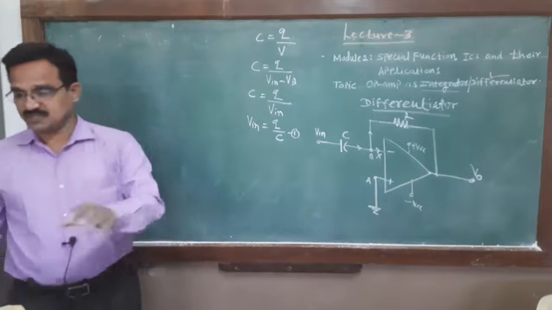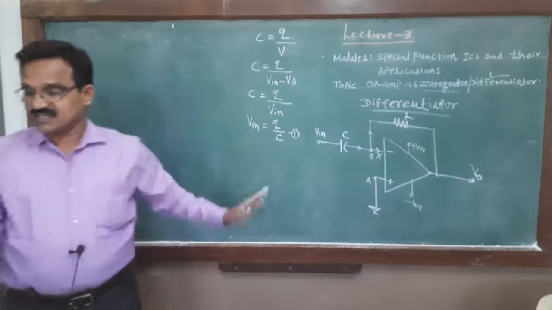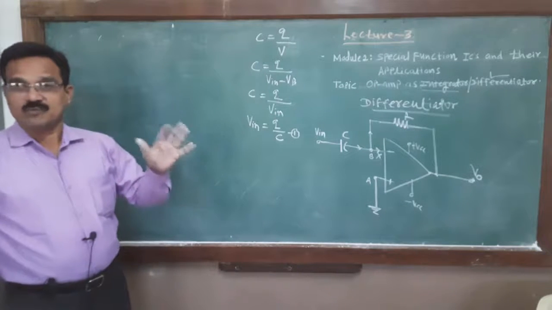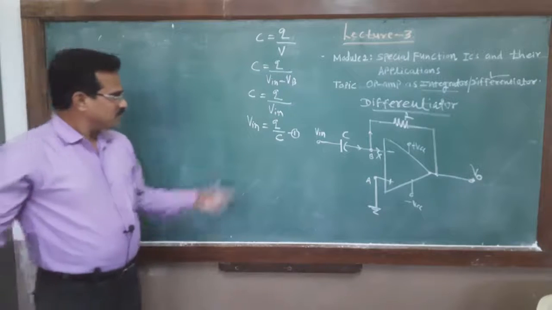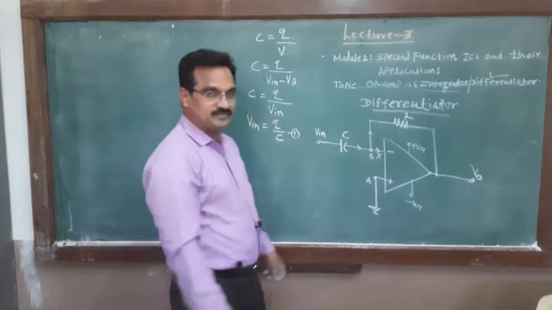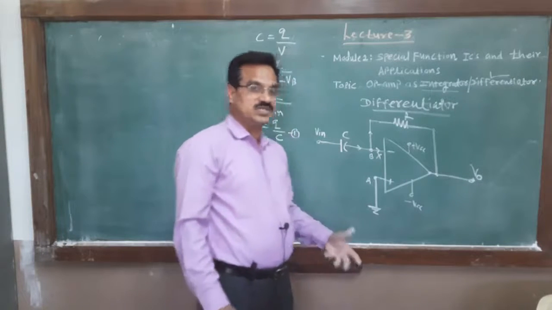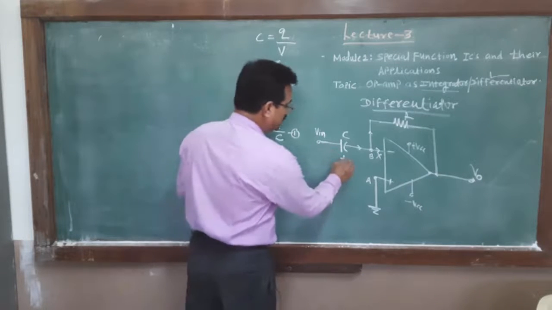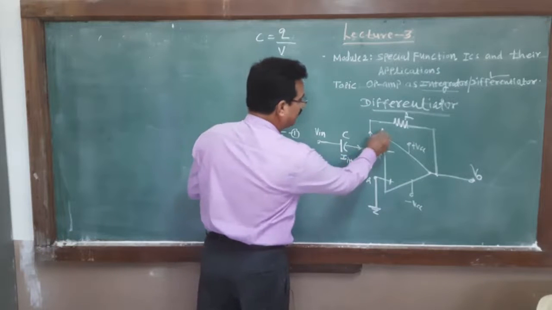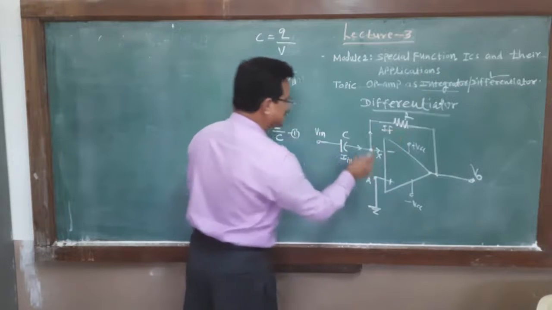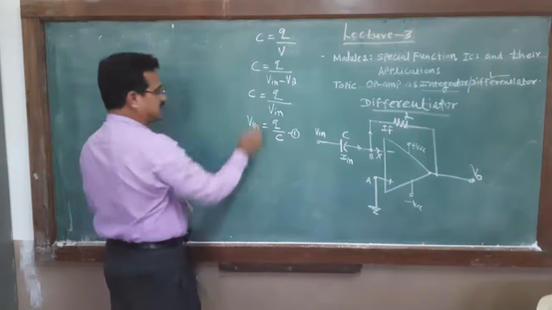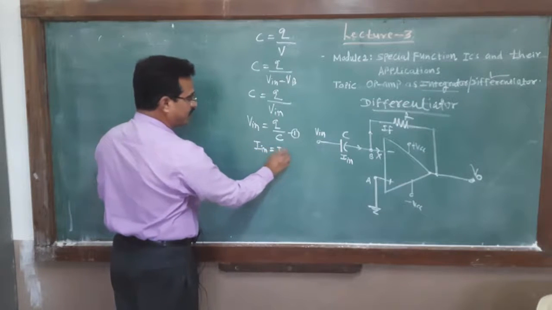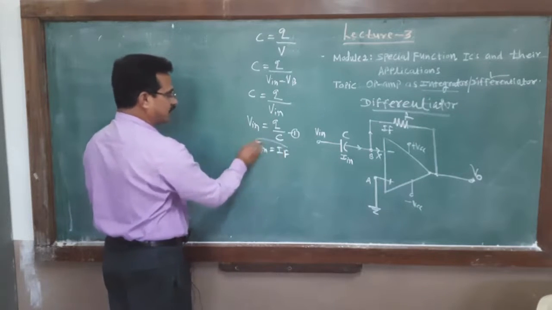But what is Q? Again, you remember that the current flowing through this and the current flowing through the feedback are equal. This condition is, again remember, Iin must be equal to IF. This is a very important equation.